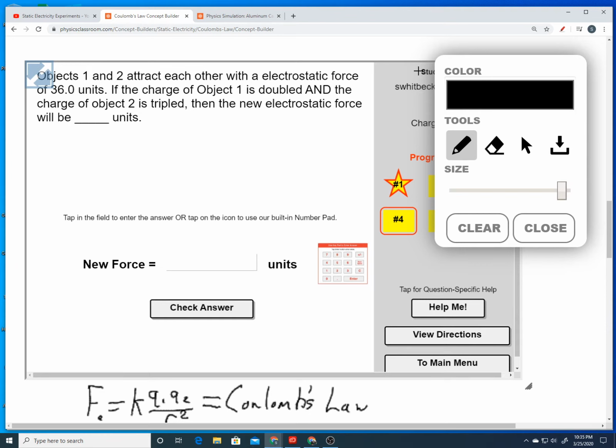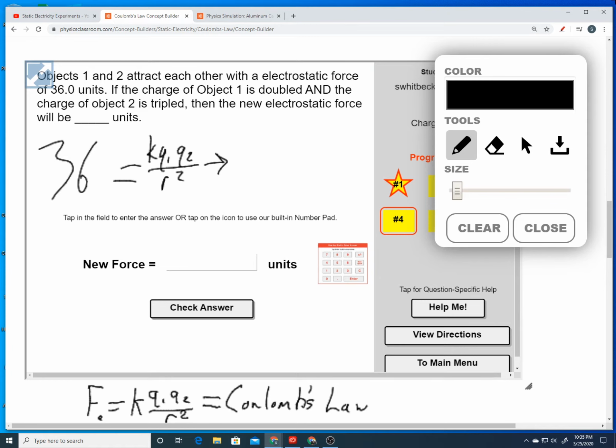Anyway, new math problem. We have two objects that are attracted to each other with an electrostatic force this time of 36 units. Oh, forgot that was on the big size. And that's equal to the original force, K Q1 Q2 over radius squared.